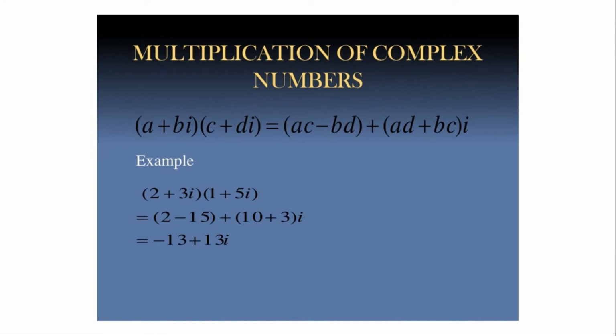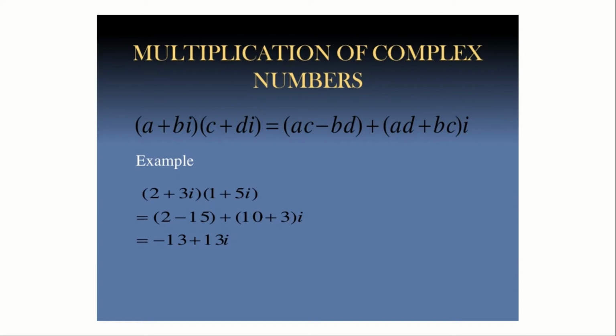Next is multiplication of complex numbers. Multiplication of two complex numbers, for example a plus bi into c plus di, is done by multiplying in groups. First is (ac minus bd) plus (ad plus bc) into i.